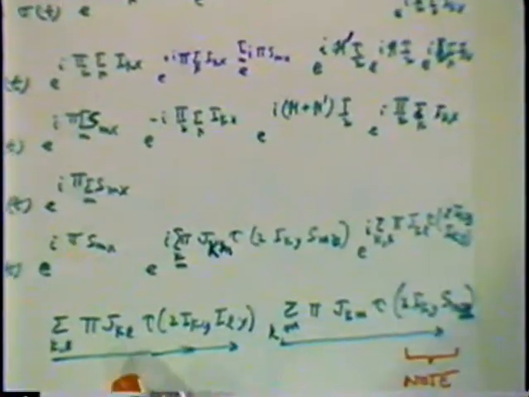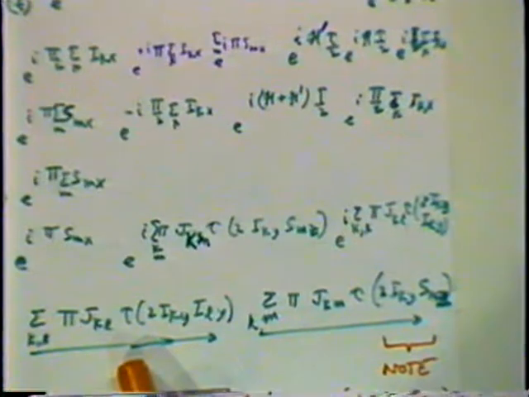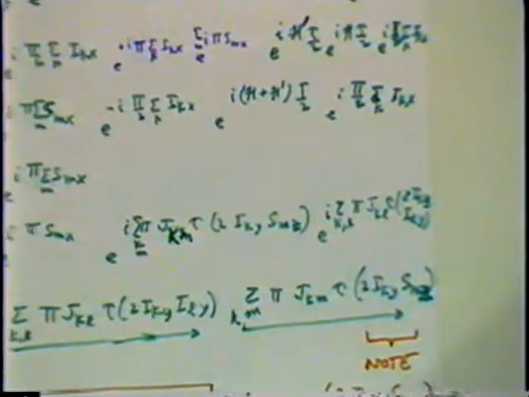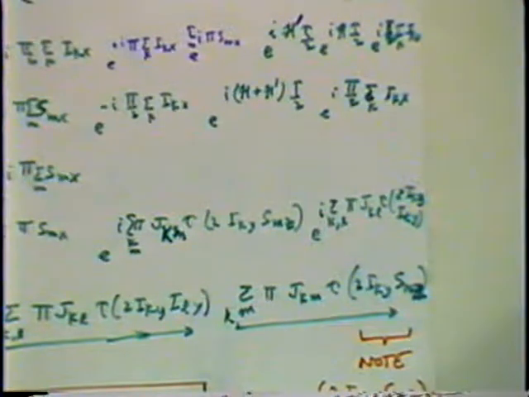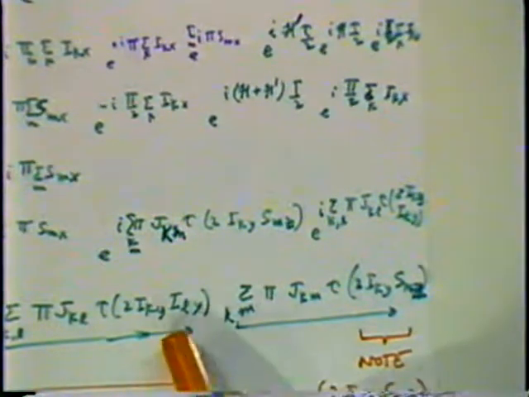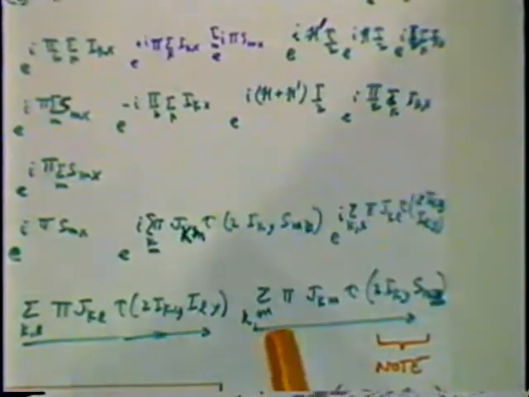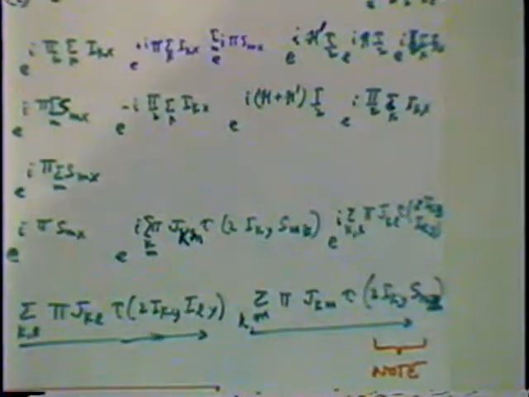And you have evolution under JKL and JKM, and here you have a coupling between two I spins and a coupling of S spin to the I spins.